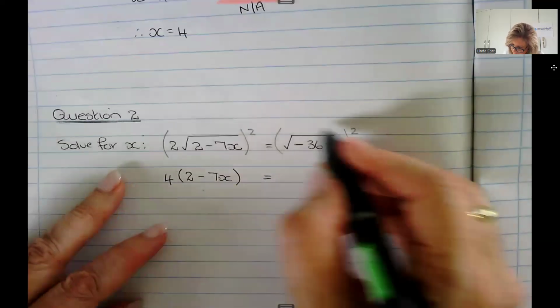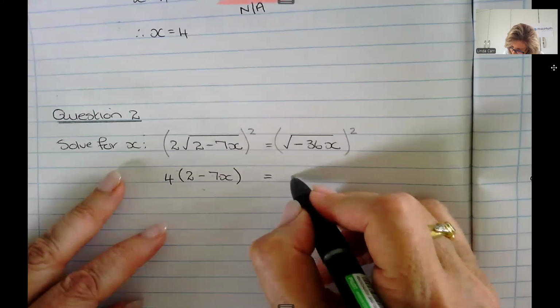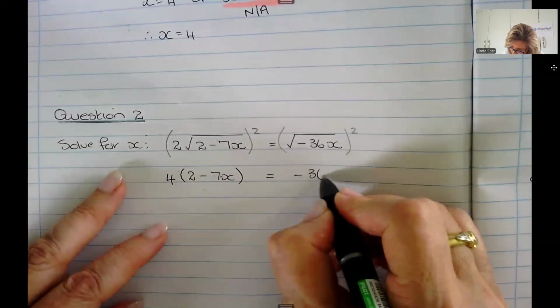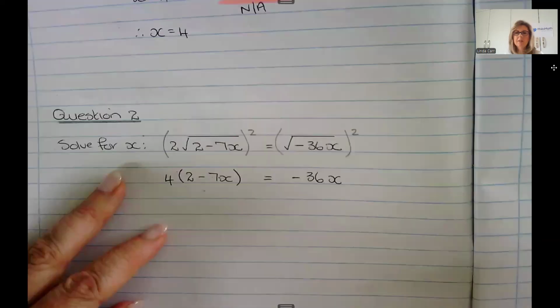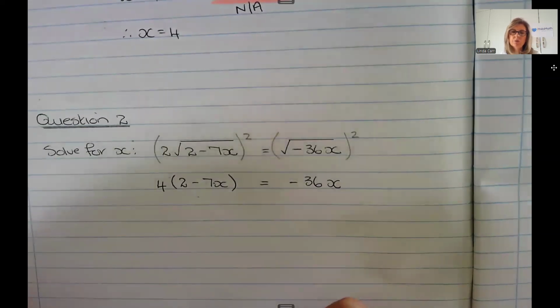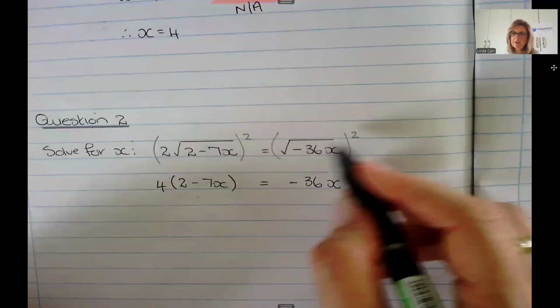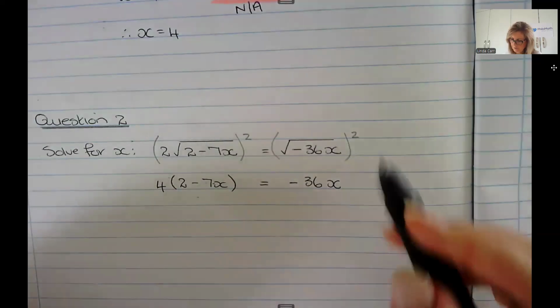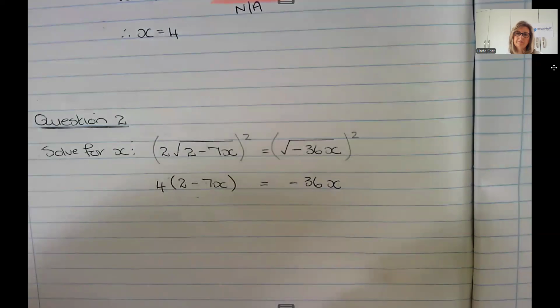On the right, I'm squaring a square root, so I'm left with -36x. If it worries you as to why, when you square a square root, it falls away, just remember square root is actually a power of a half, and a half times 2 is 1.